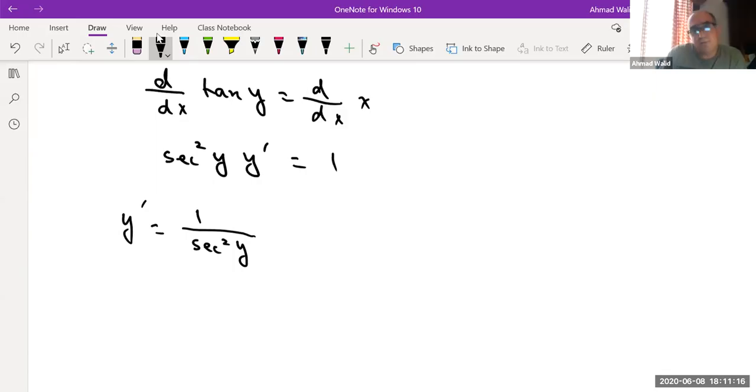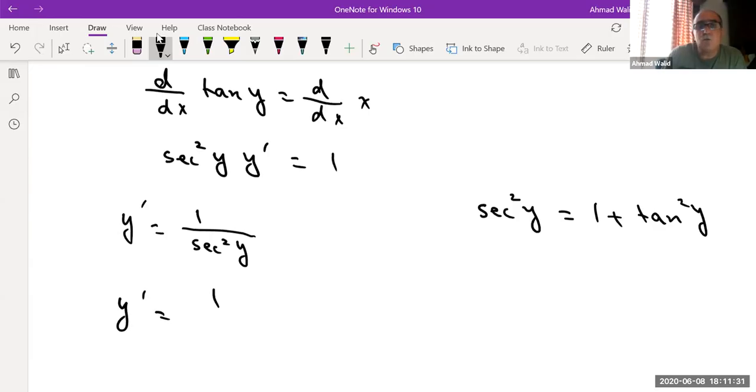Remember from pre-calculus that secant squared y equals 1 plus tan squared y. Let's replace this value here. Then you can say y prime equals 1 over 1 plus tan squared y.